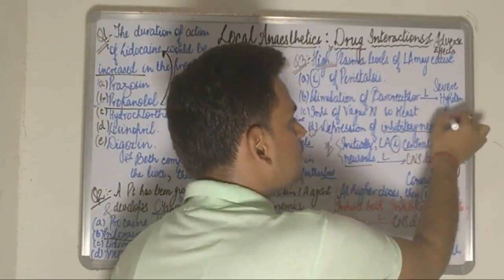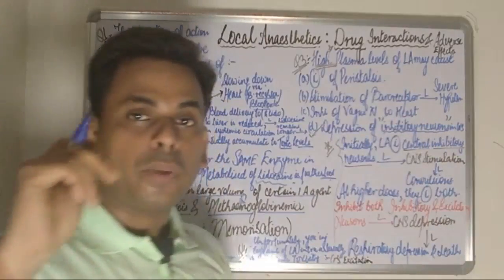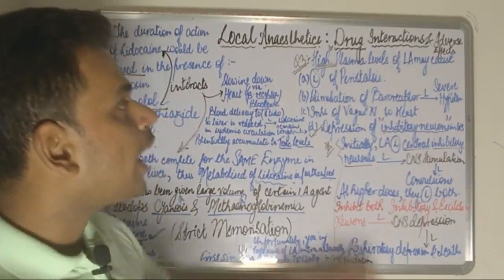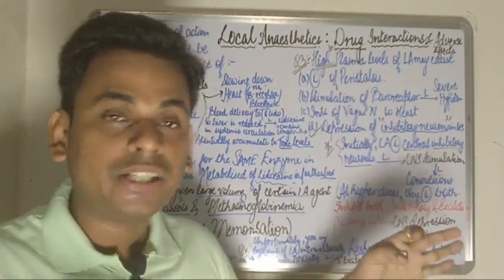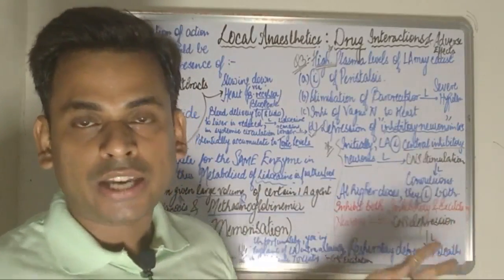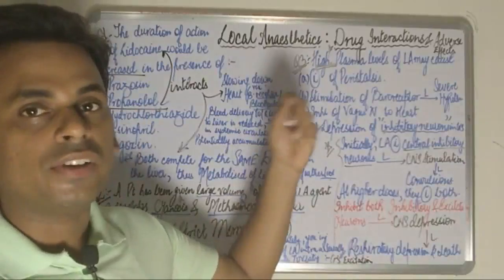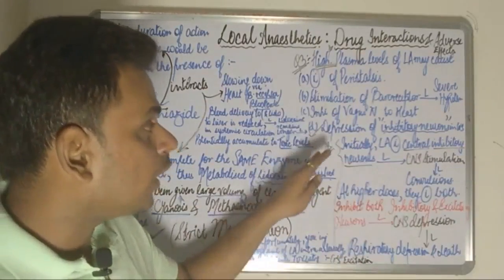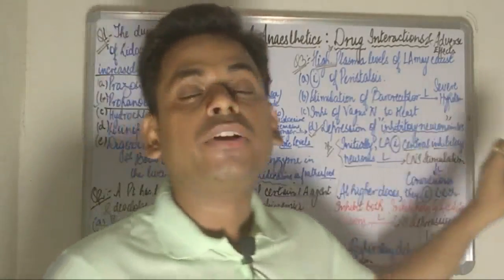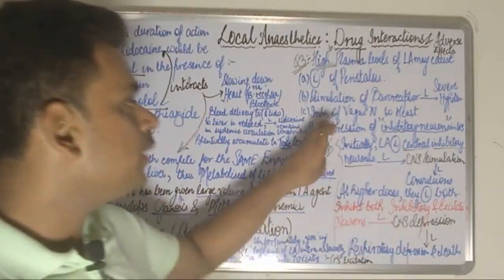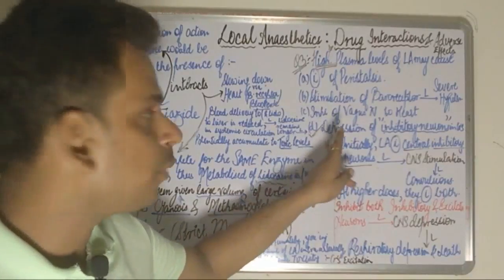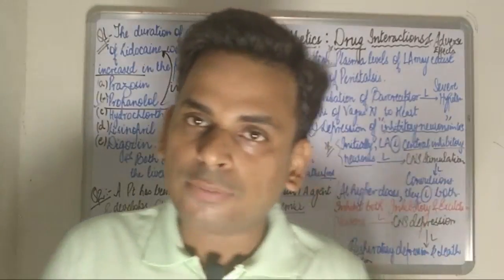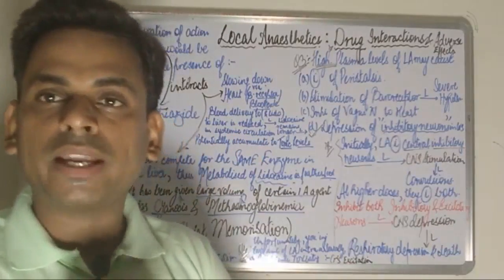Make this point very clear: whenever a local anesthetic reaches much higher levels or has been injected intra-arterially, the high plasma levels of the local anesthetic agent may cause depression of the inhibitory neurons in the CNS. So option D is the answer here. And with the help of this option, I would like to clarify another very important concept.